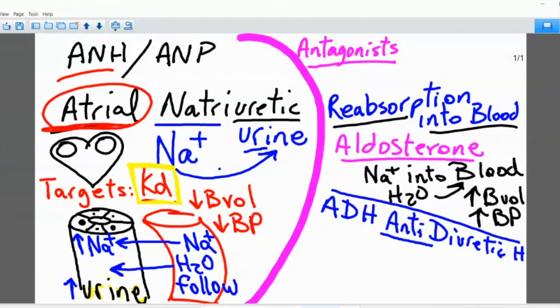Or, as we just learned, the fancy way to say that: increases reabsorption of water. And only water. Not salt this time, not sodium. Only water.